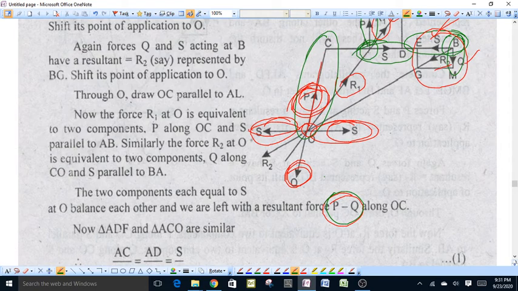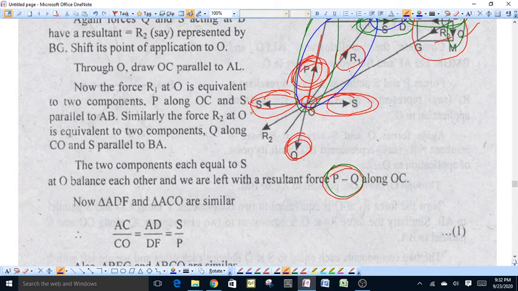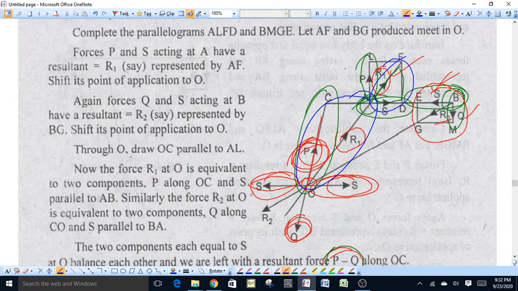Now see this triangle ADF. This triangle is similar to triangle ACO, because these two angles are vertically opposite and equal, and these two angles are alternate angles. Similarly, these two angles are alternate angles and are equal.